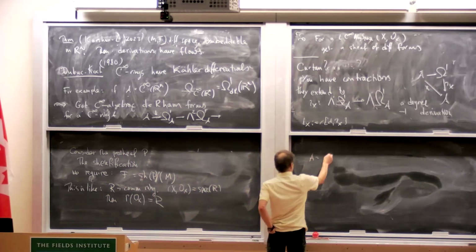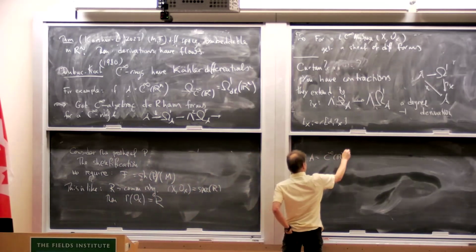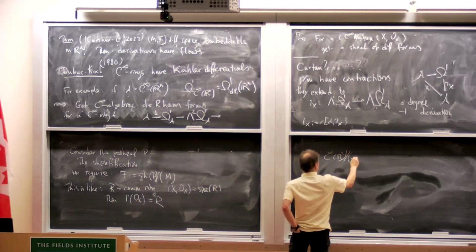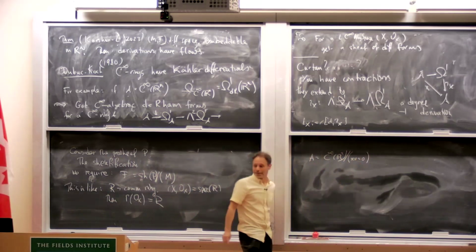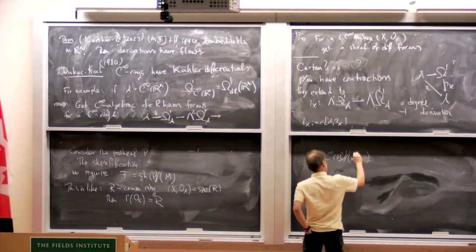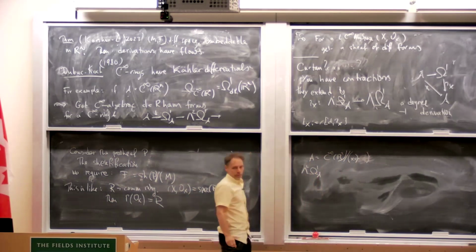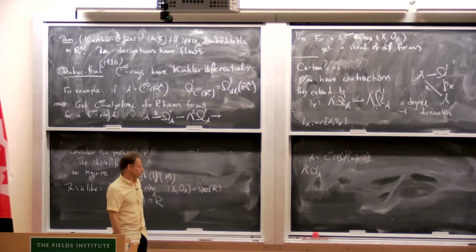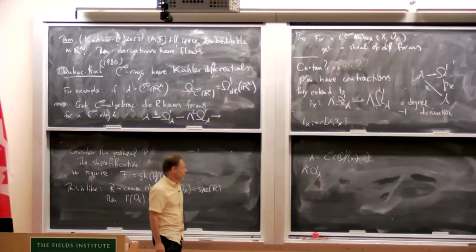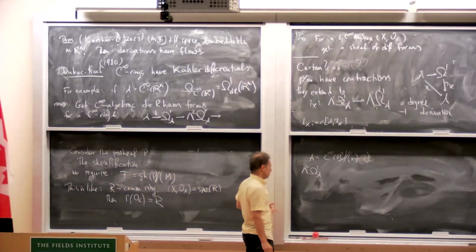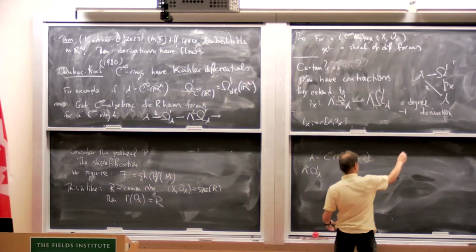Okay, so let's take A to be C infinity of R2 mod xy equals 0, or mod xy, I guess. You could ask what this is going to be, and you would expect it to be 0, but it actually has something; this is something I learned from Jordan.